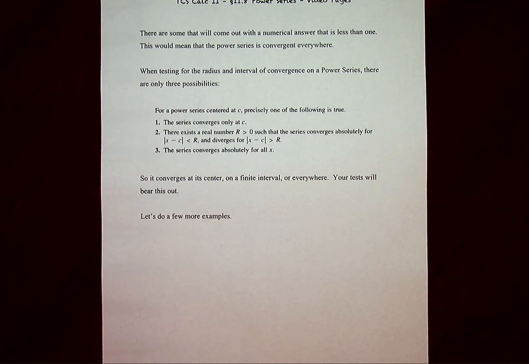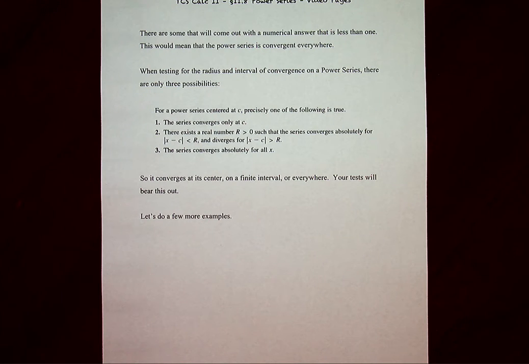And then we need to check the endpoints for convergence and divergence because those are indeterminate from using the ratio or the root test. If you get a numerical answer or an infinite answer, then the variable doesn't matter. It's either always true or it's never true.